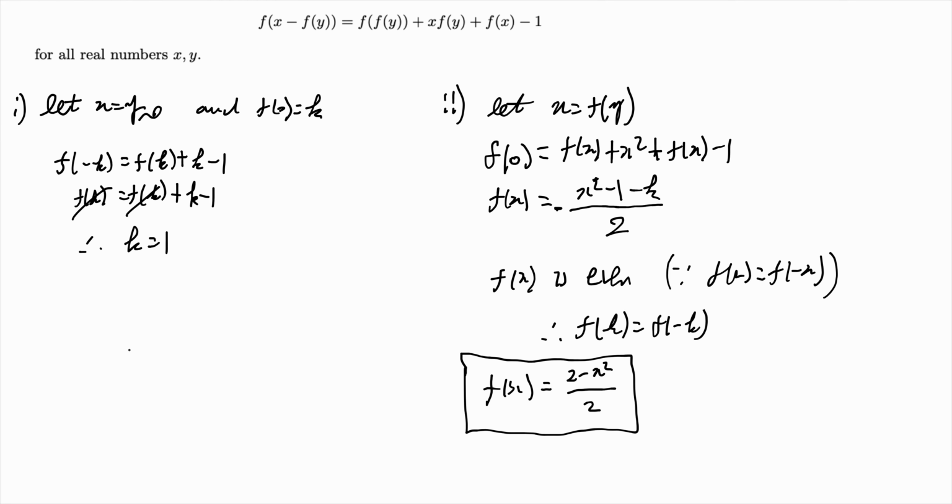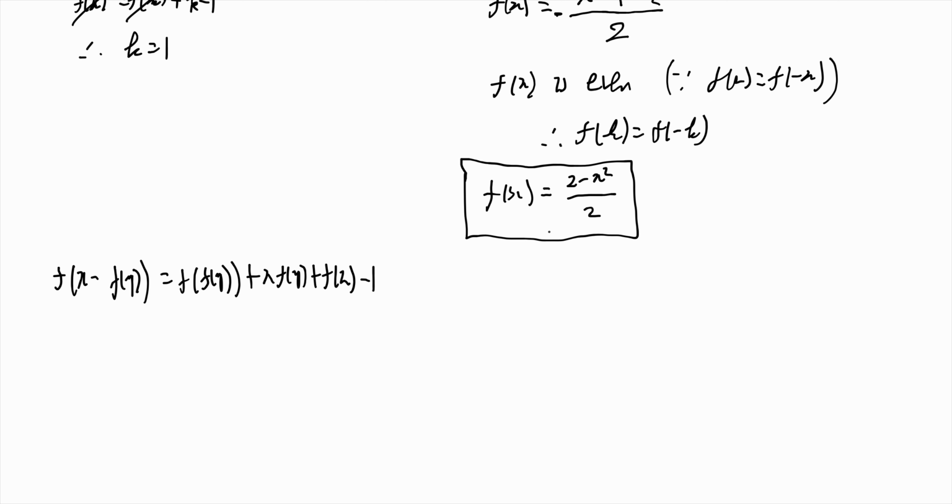So we have f of x minus f of y equals f of y plus x f of y plus f of x minus 1. Now let's substitute to see if this is correct.